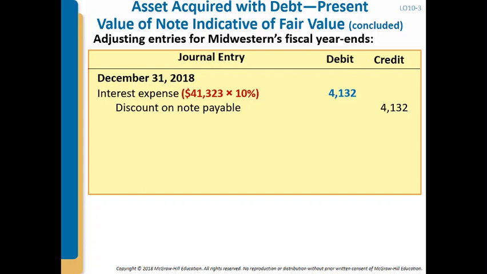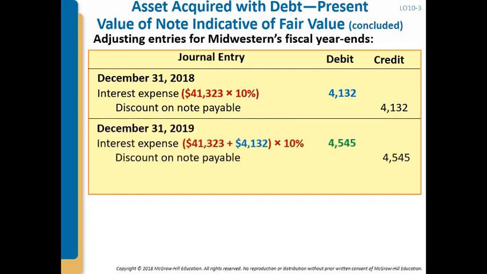So essentially what you're doing is you're amortizing the discount. So debit interest expense $4,132 and credit discount on note payable. So essentially you're decreasing the discount on note payable by $4,132.